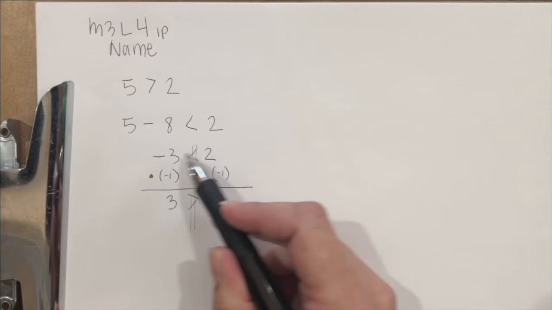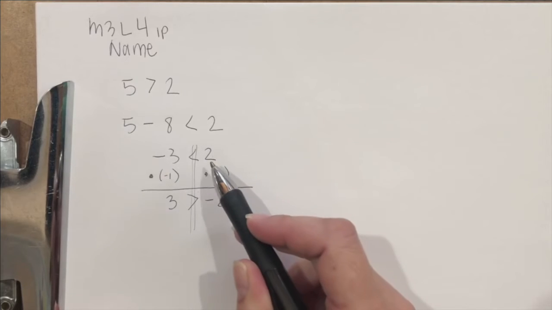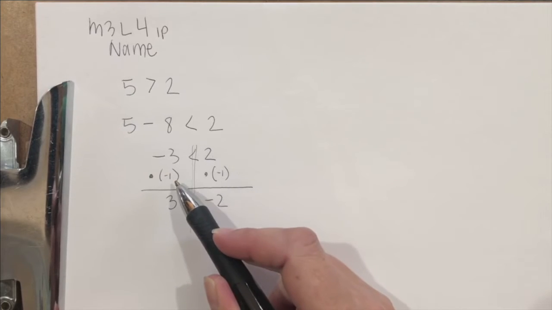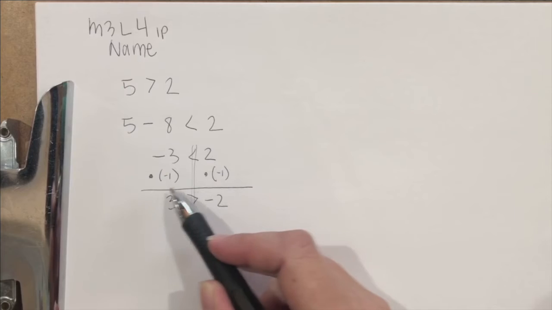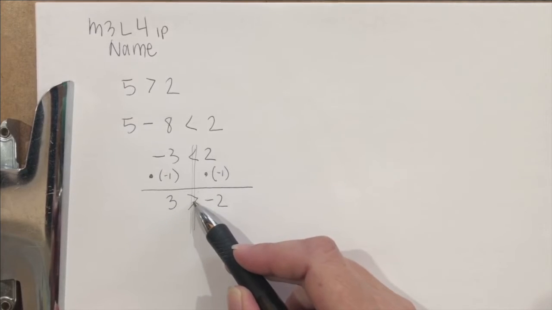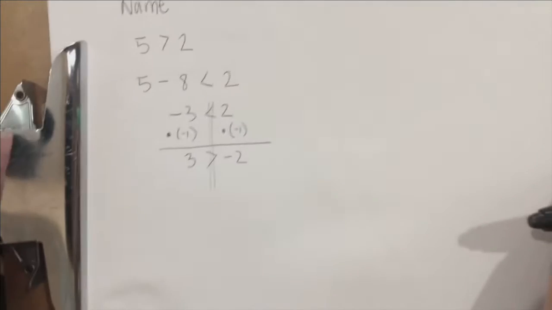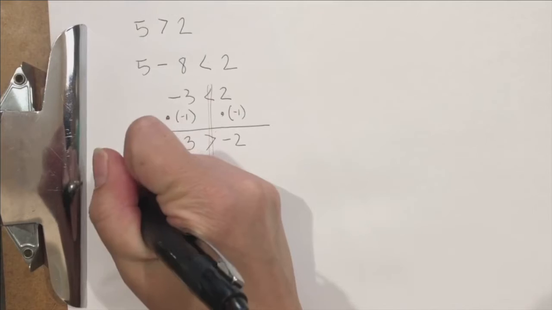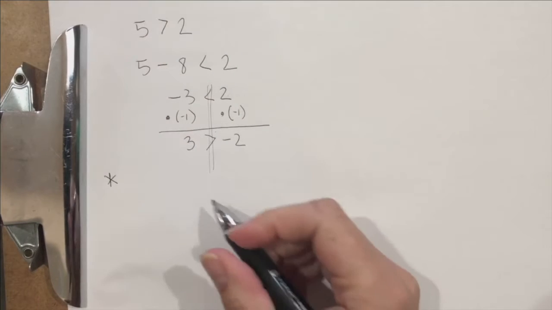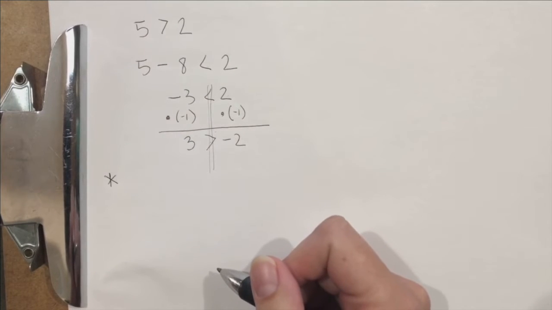So just like in our little example here, anytime you multiply or divide by a negative, we have to flip the inequality sign. So I just wanted to point that out because that's so important, and it's something students often forget.